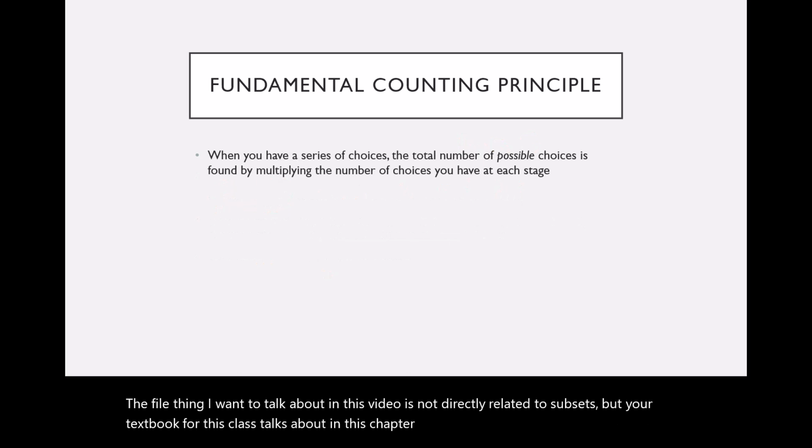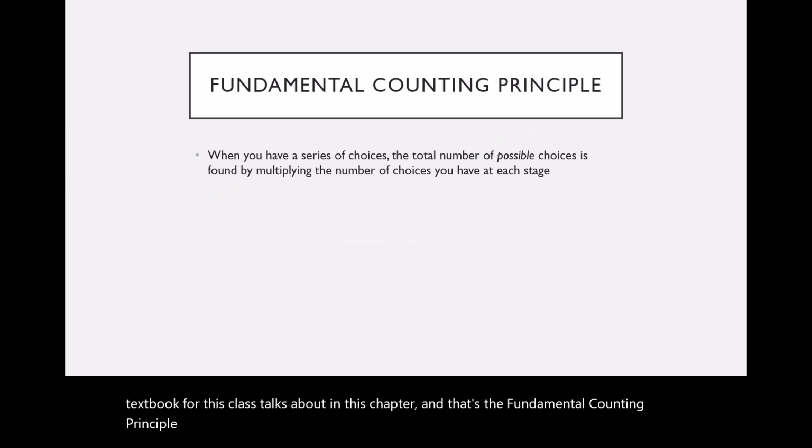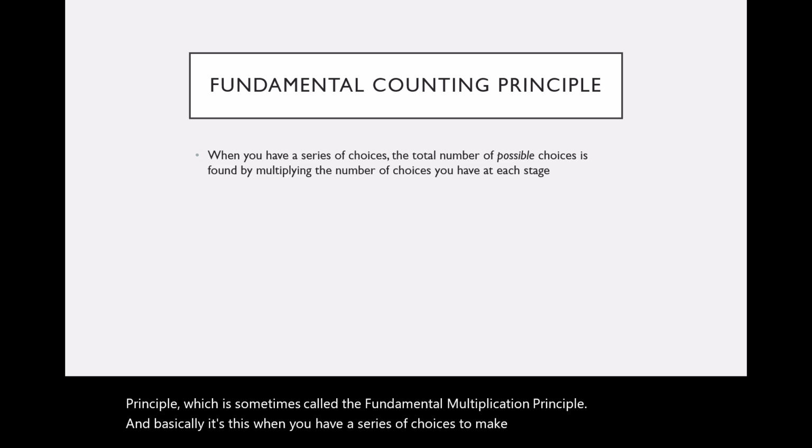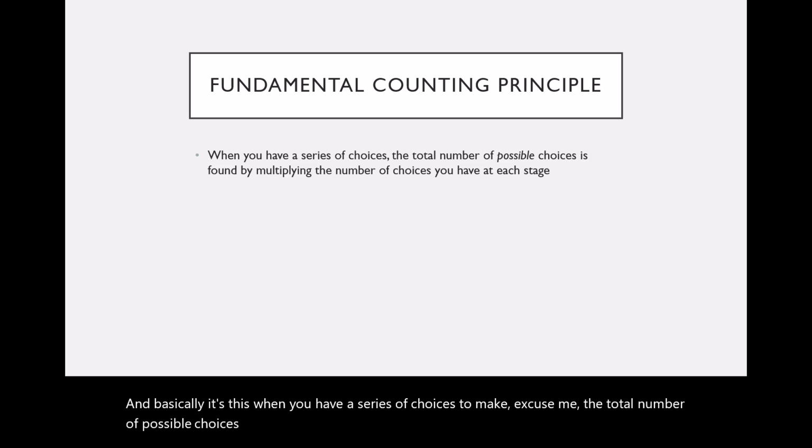And that's the fundamental counting principle, which is sometimes called the fundamental multiplication principle. Basically it's this. When you have a series of choices to make, the total number of possible choices is found by multiplying the number of choices you have at each stage.